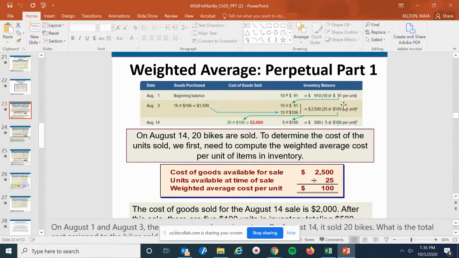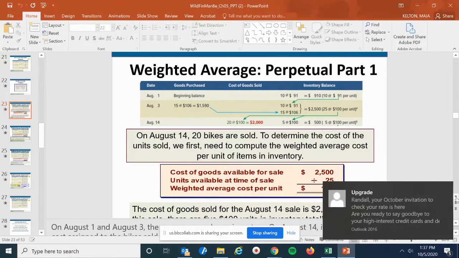Then they purchase more units. On August 14, when 20 bikes are sold, we need to determine the weighted average. Remember that the formula is the cost of goods available for sale on that day divided by the units available at that time of sale.